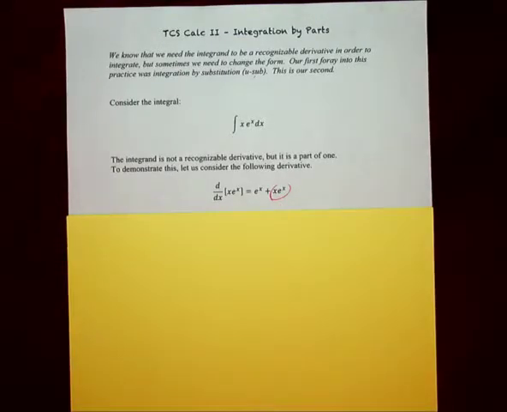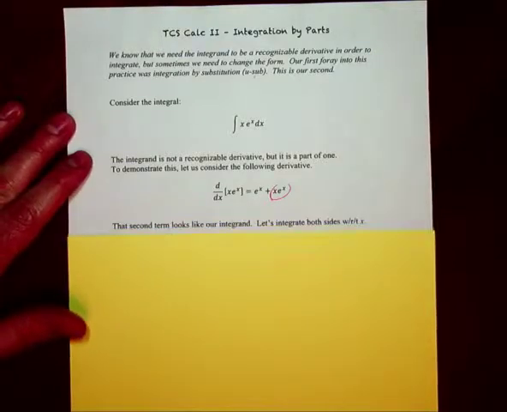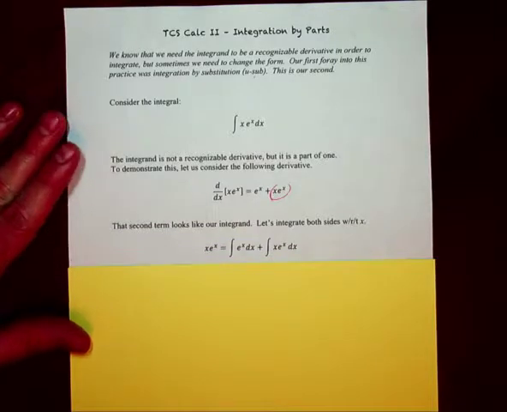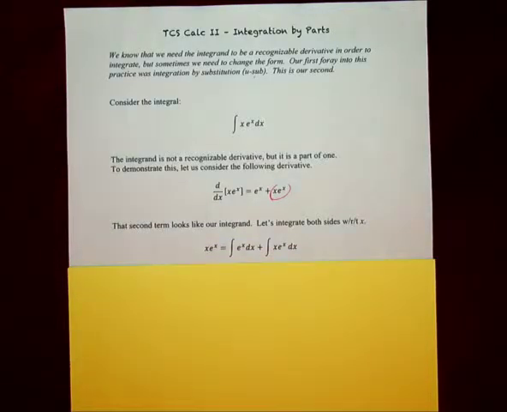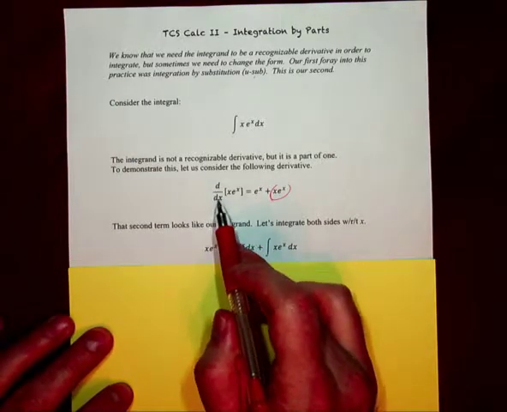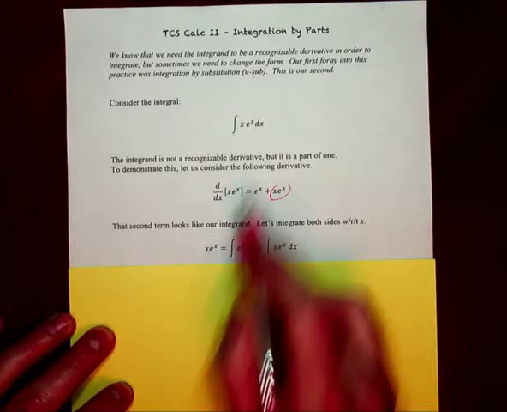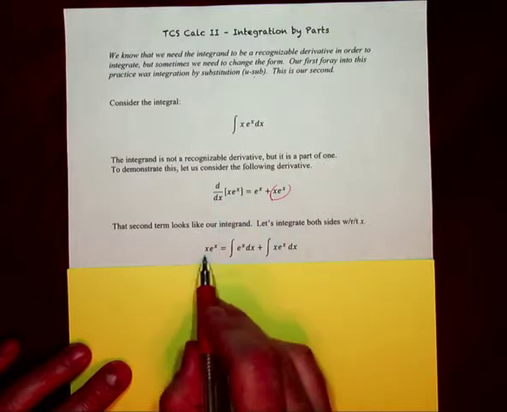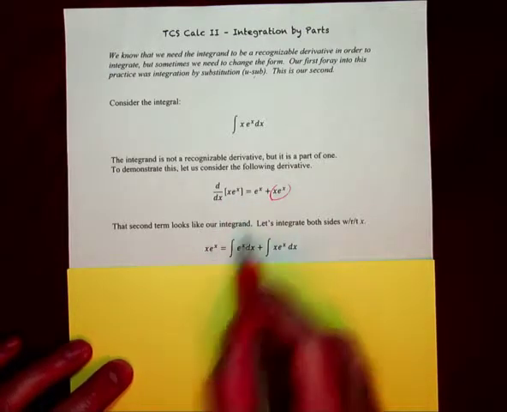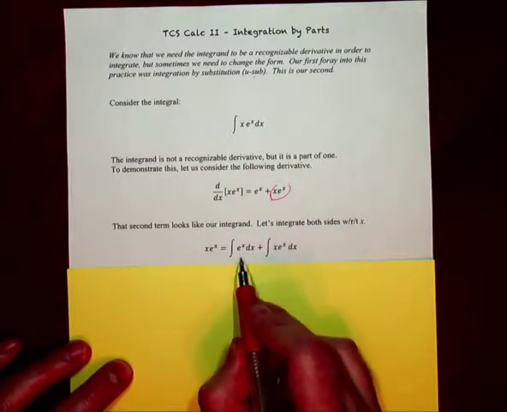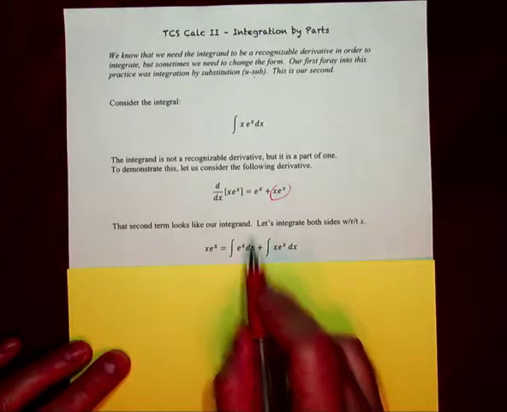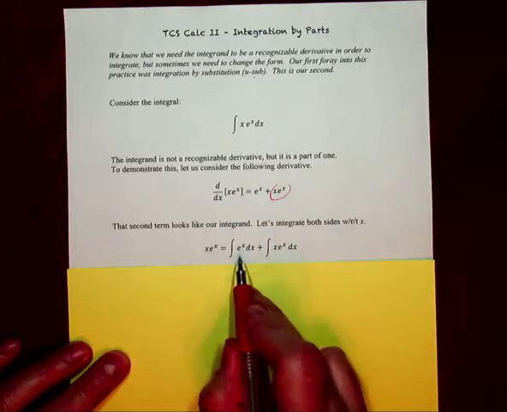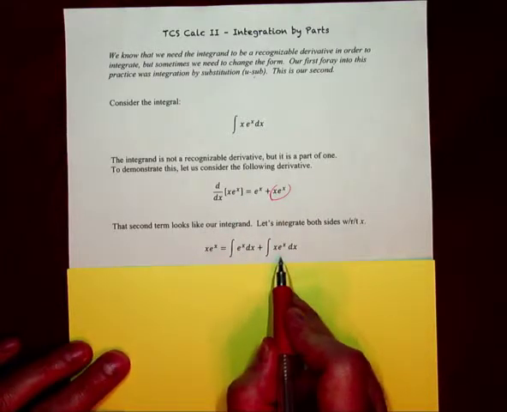Okay, now we know that integration and differentiation are operations and they're inverses of each other. So let's go ahead and integrate both sides. And when I integrate the left side, the d dx and the integral with the dx differential cancel each other out, and I'm just left with the x e to the x. On the right-hand side, I can do it term by term, and now I have two independent integrals.